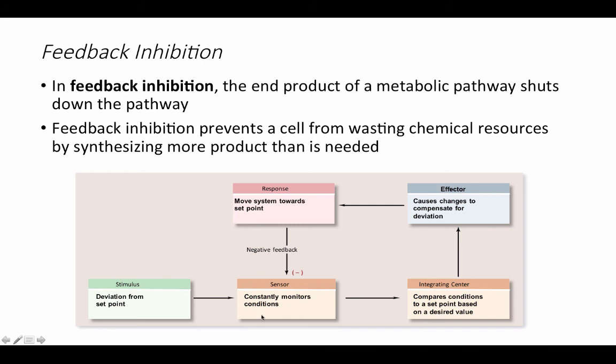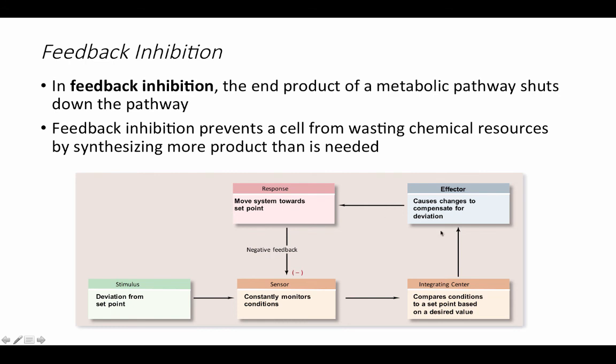There's going to be some kind of a sensor that's going to monitor and detect that deviation, that change from the ideal conditions. And then there will be some sort of integrating center that's going to compare the current conditions to the set point. Then downstream from there, there's going to be some kind of effector that's going to cause a change to compensate for that deviation. So some kind of change that's going to bring it back to the desired levels.